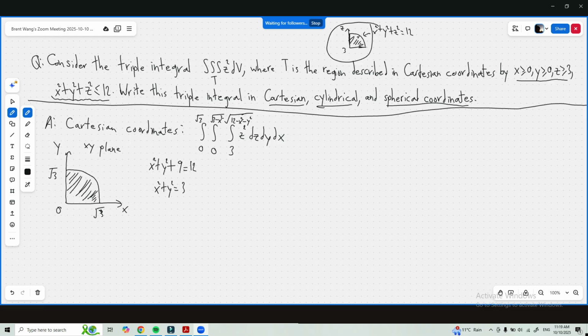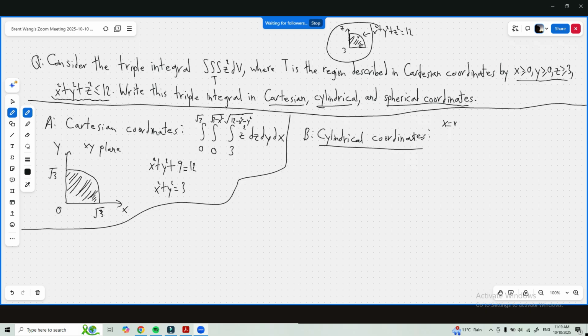Now let's go to cylindrical coordinates. In cylindrical coordinates, we have basically this kind of manipulation. So x would be r cos theta, y equals r sine theta, and z still remains the same.